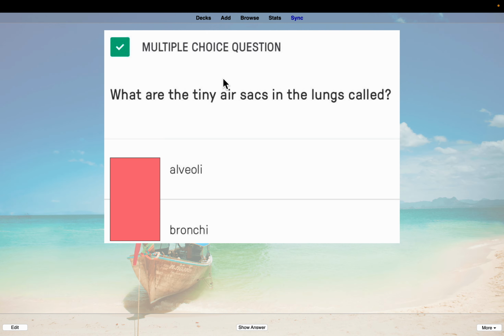What are the tiny air sacs in the lungs called? Alveoli. One thing to note is that we start from the nose through the trachea and eventually the bronchi. They would eventually reach tiny air sacs in the lungs that look like grapes, called alveoli.